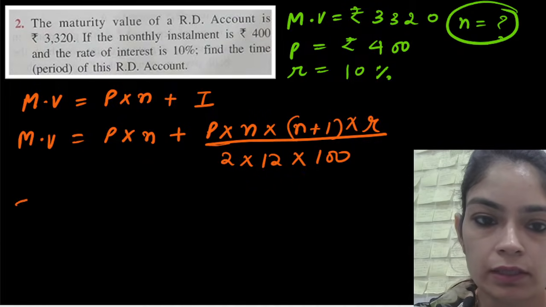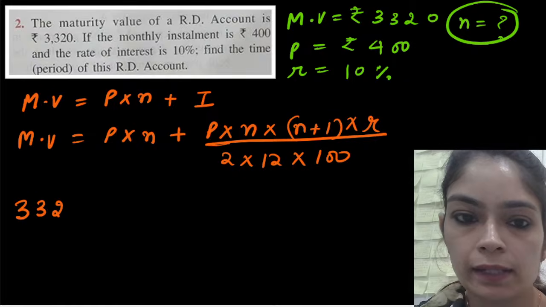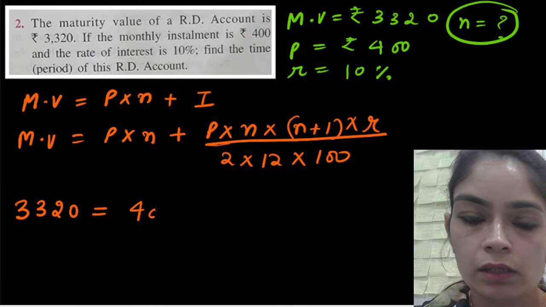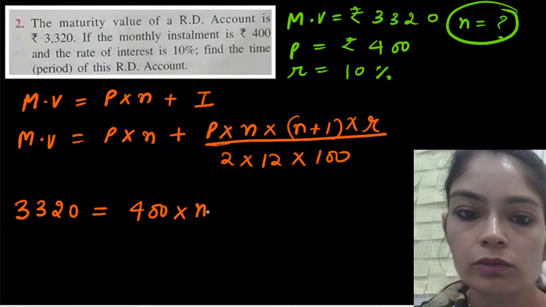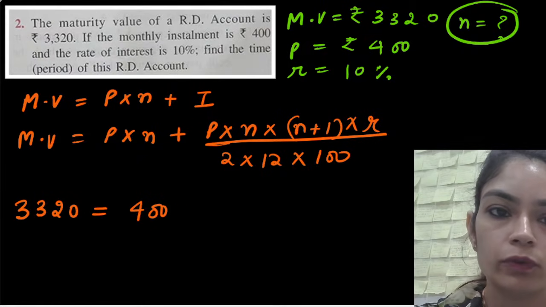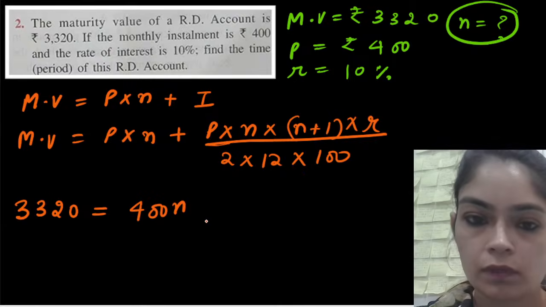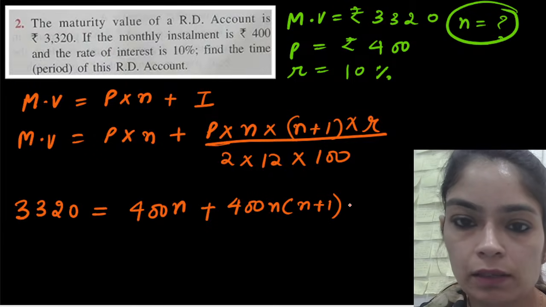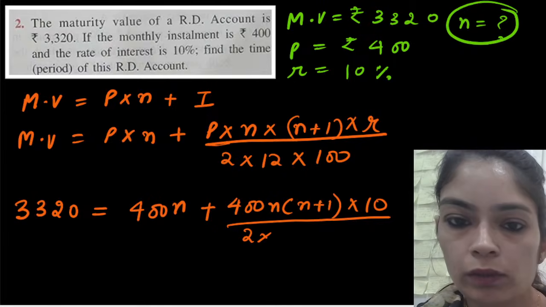So MV is 3320. P is 400. N we have to find, so I'm just writing 400 into N. I can just write as 400N. Same thing here we have to do. So this is 400 into N plus 1. R is given to us as 10 by 2 into 12 into 100.